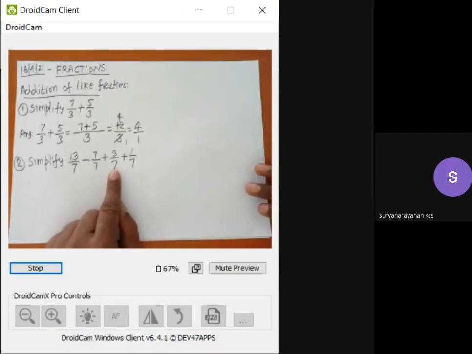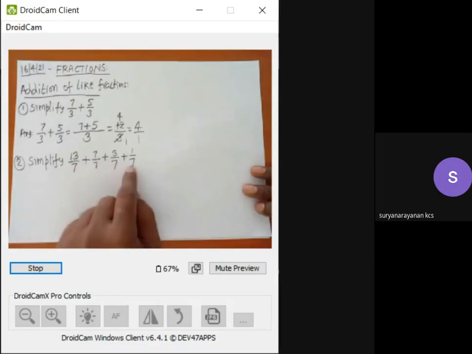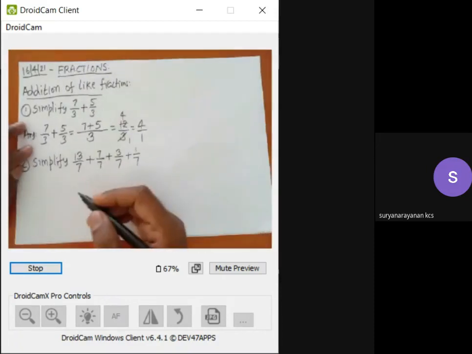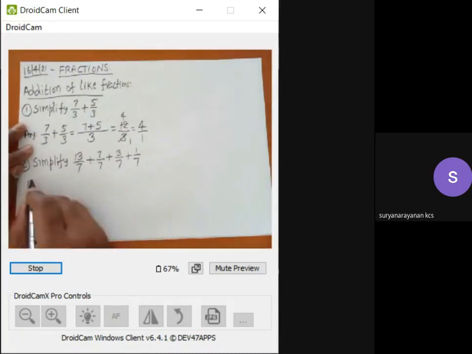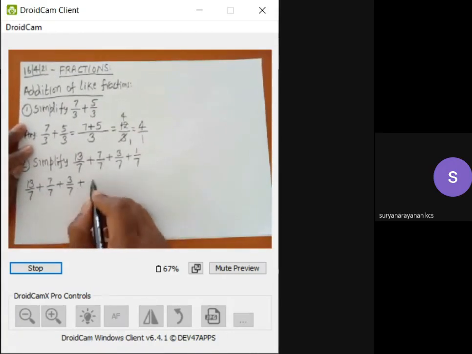And moreover, we are adding all these like fractions. In the case of like fractions, it is very easy to add. So I will add these like fractions. 13 by 7 plus 7 by 7 plus 3 by 7 plus 1 by 7.